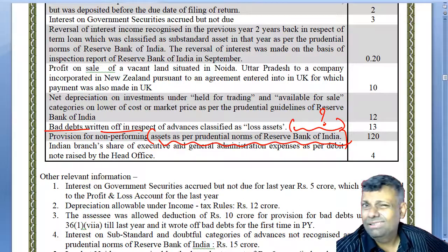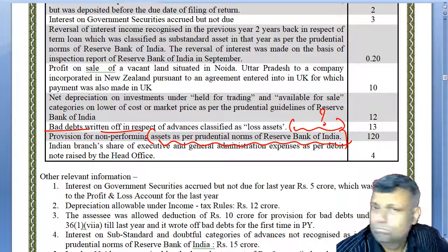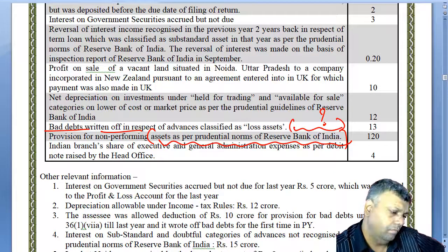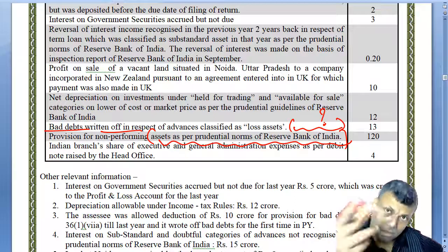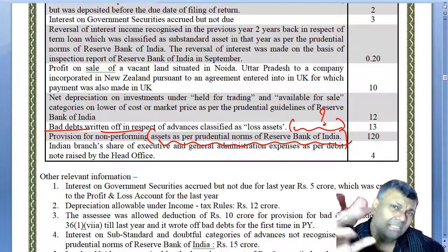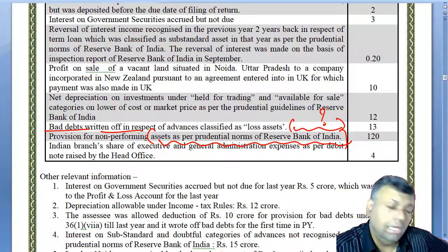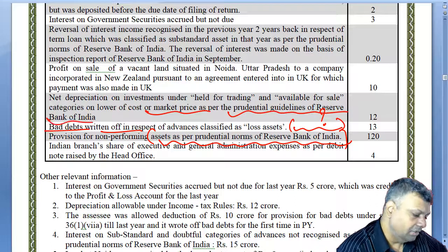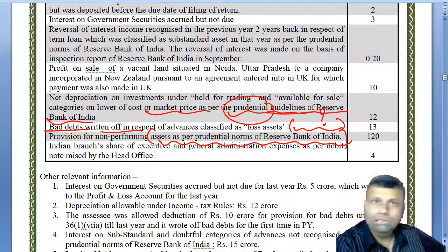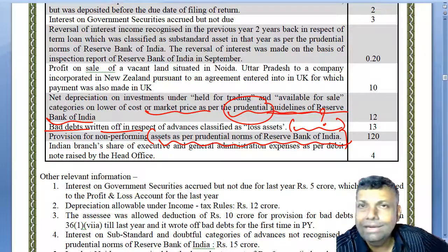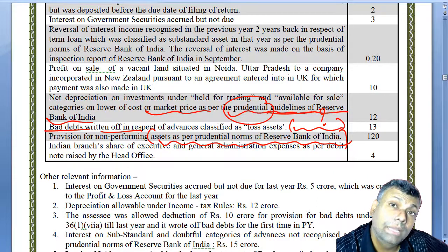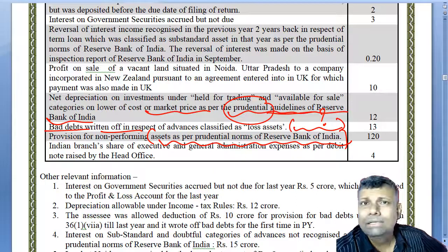So what does that mean? Does it make any difference? I have a doubt. In the majority of the earlier points, just the analysis of the question I am telling you, it says that this is some market price as per the prudential guidelines of the Reserve Bank of India. That kind of language gives me a comfort level.